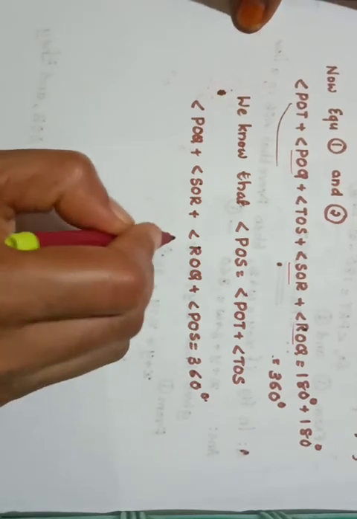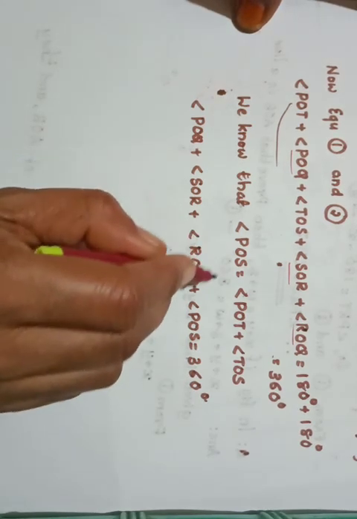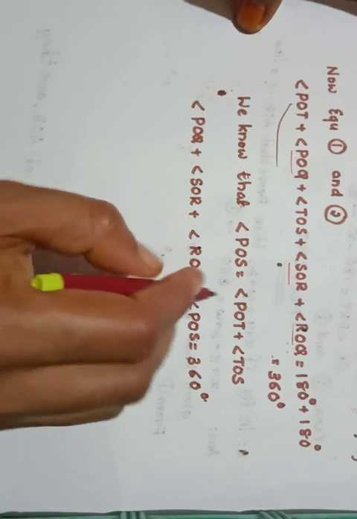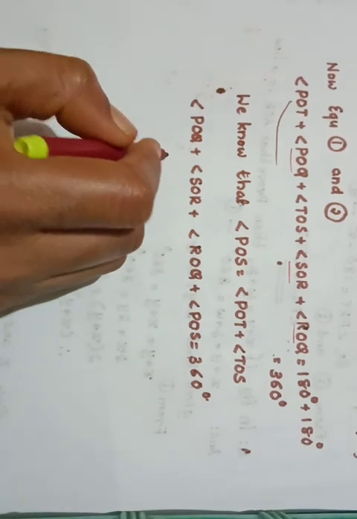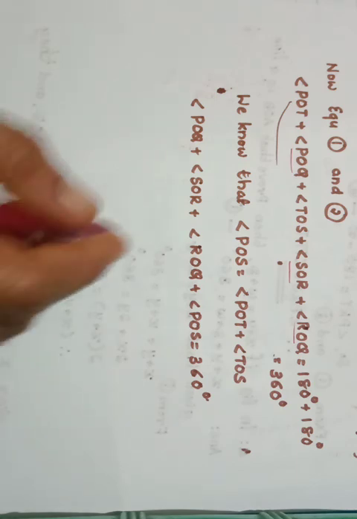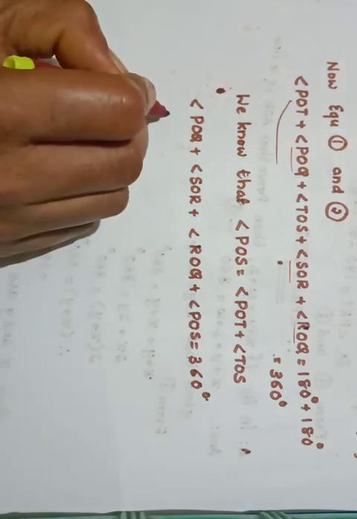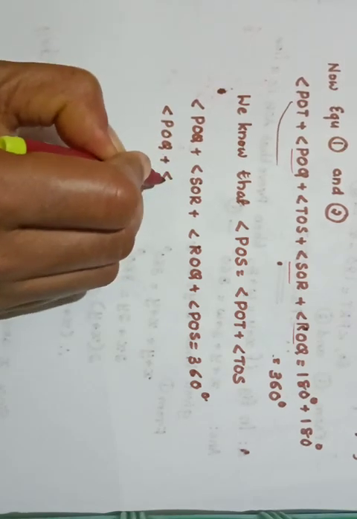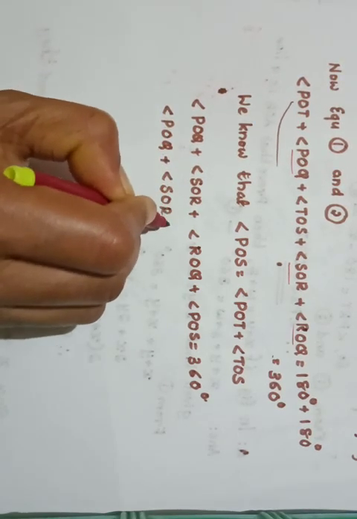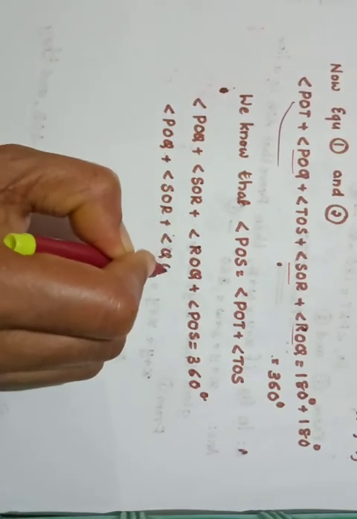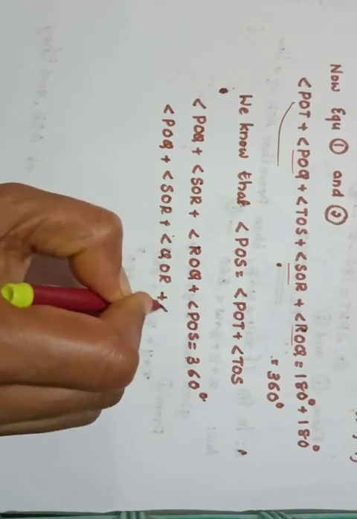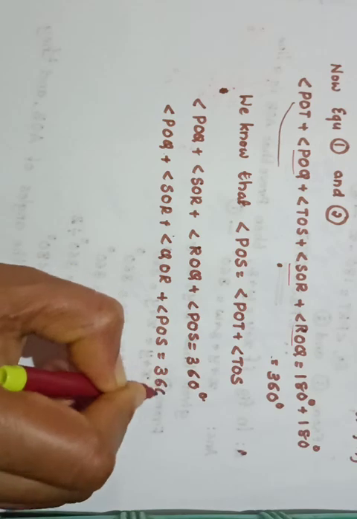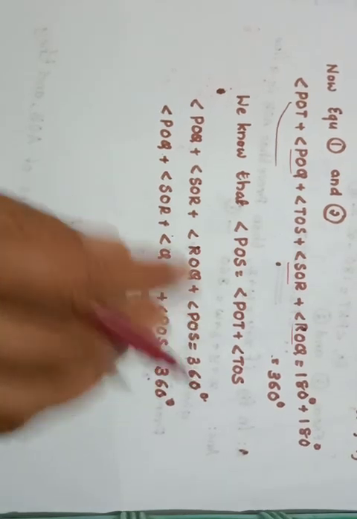There is a slight change that in the question it is QOR, and I took ROQ. Are they the same? Yes. Since the angle is mentioned at the point O, I am just replacing it, otherwise you may get confused. Angle POQ plus angle SOR plus angle QOR plus angle POS is equal to 360 degree.